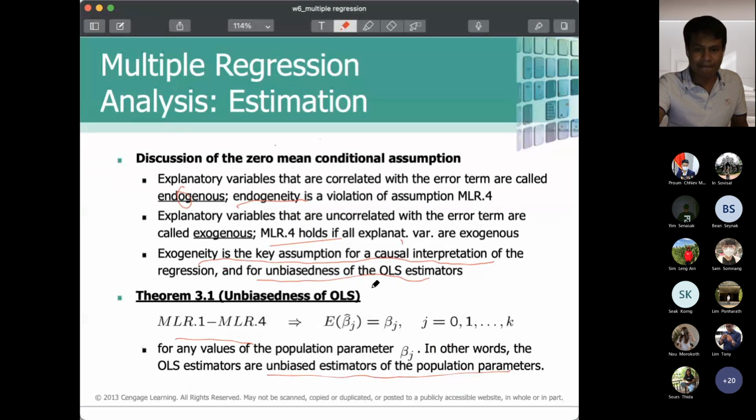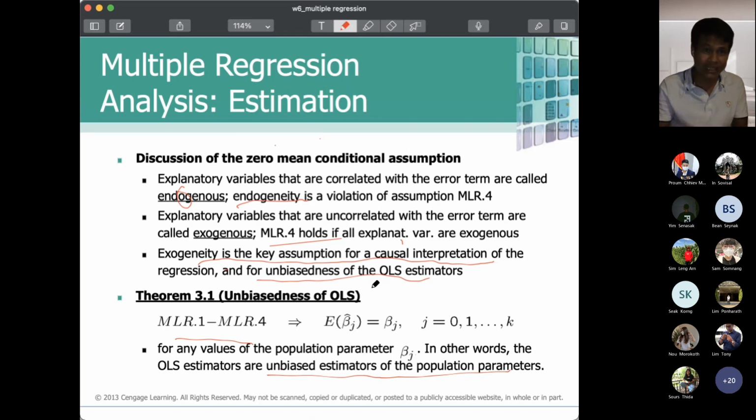We also discussed a new term for zero conditional mean. The independent variable of your interest that is correlated with the error term we call an endogenous variable, and if there is such a problem, we call it endogeneity. But if the variable of your interest is not correlated with the error term, we call it an exogenous variable, and that is exogeneity. All right. So endogeneity is another way of stating the zero conditional mean assumption.